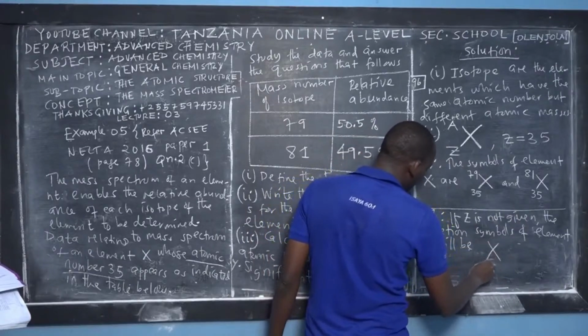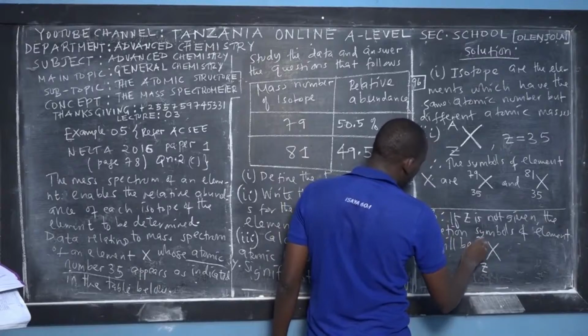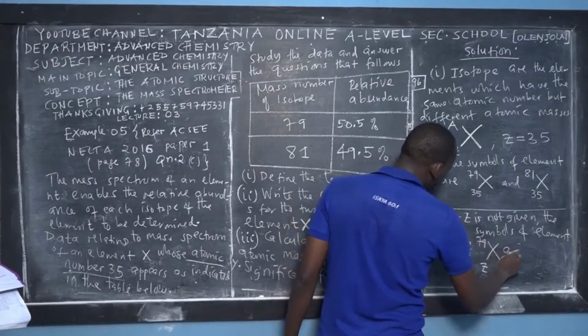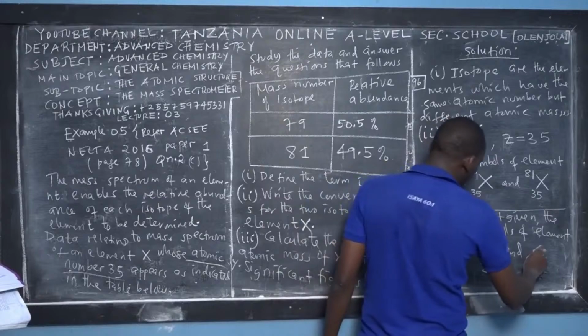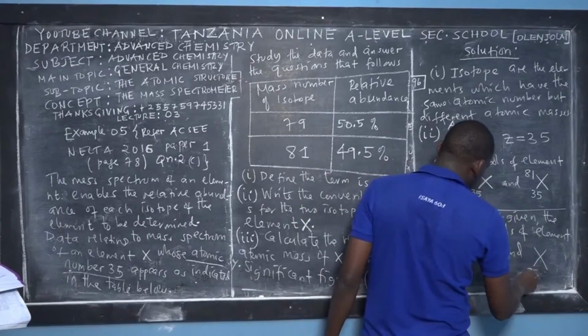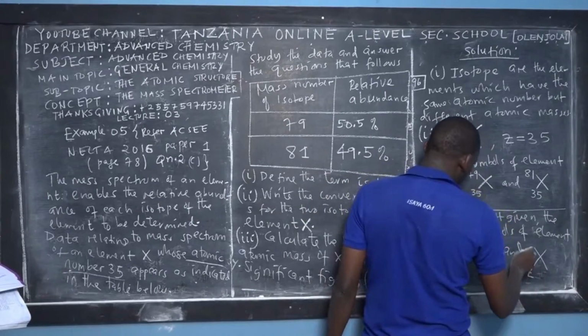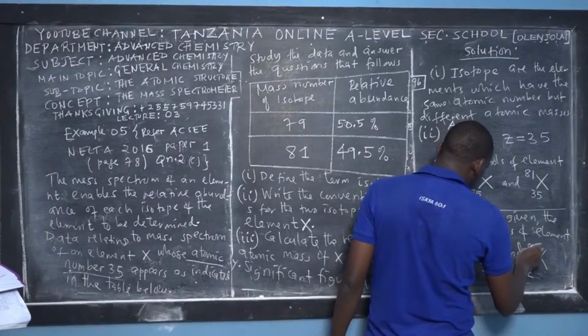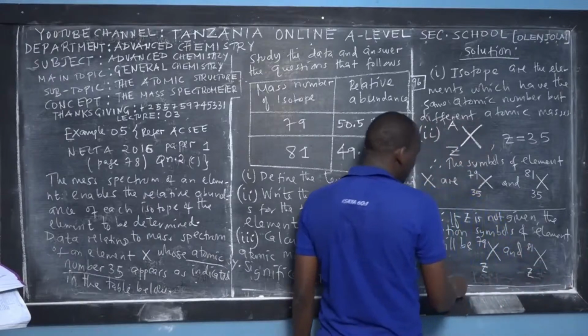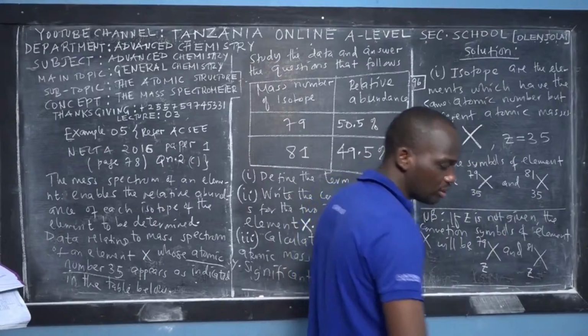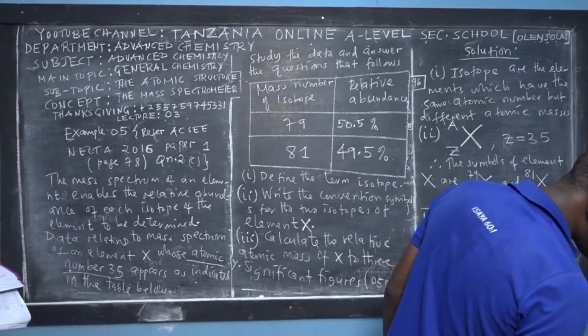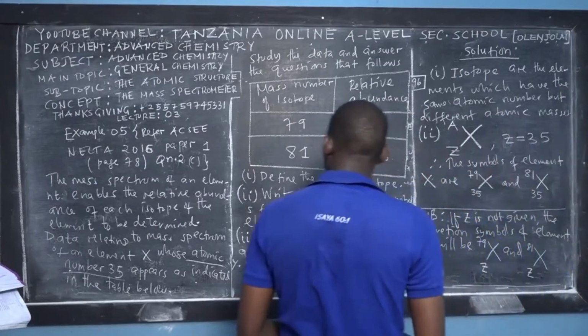This is X, we have our atomic mass 79. Again, we have our element X with atomic number Z, and the atomic mass here is 81. Because the atomic number is not known.